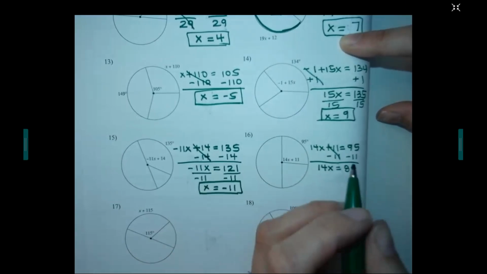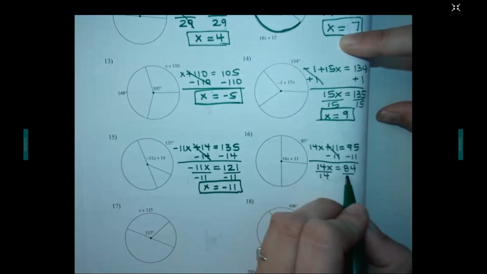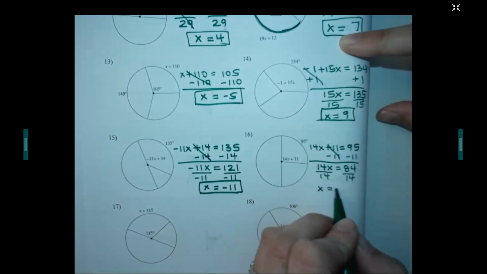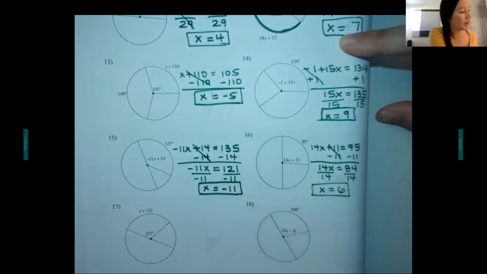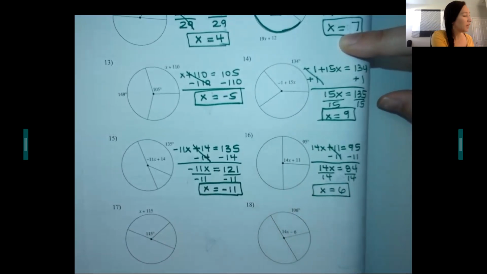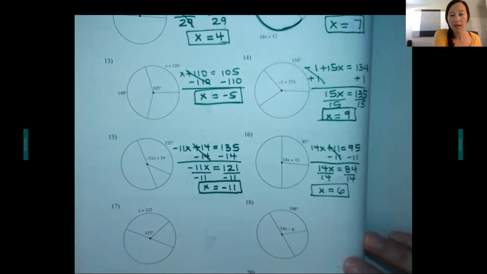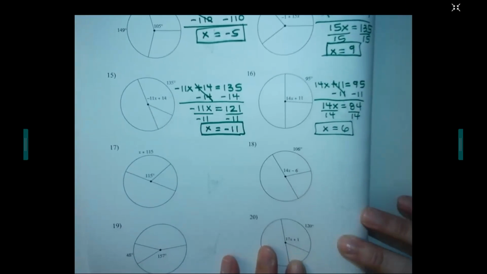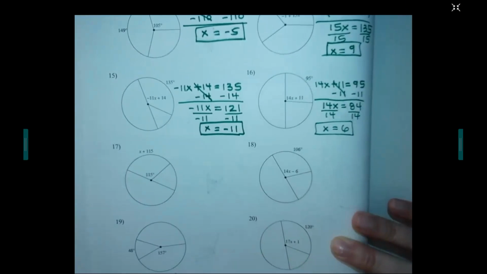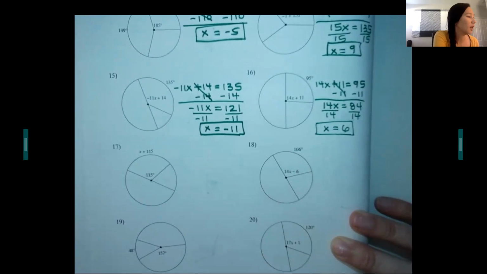And then I divided both sides by 14, and I got x equals 6. Very good. Thank you, Elijah. Any questions from anyone else on 15 and 16? How we got that?